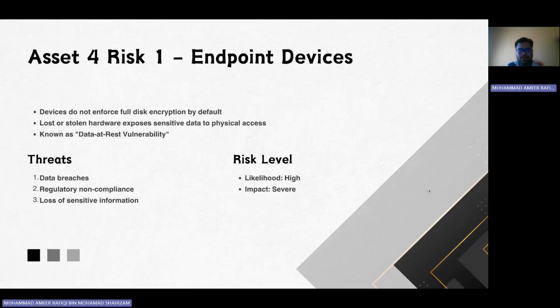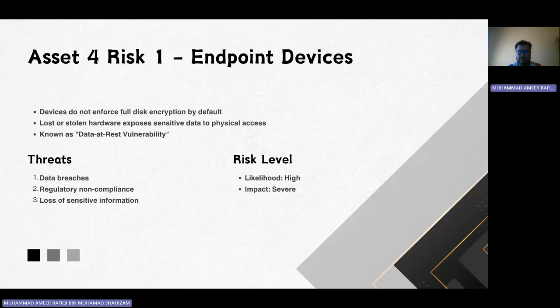Hello, madam. My name is Muhammad Amir Rafiki, and I will be doing Asset 4. Our first risk is endpoint devices, specifically not fully encrypting the device. By default, Windows doesn't enable BitLocker.